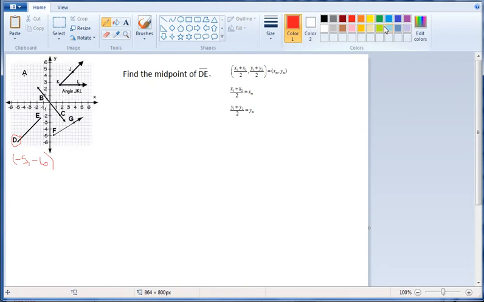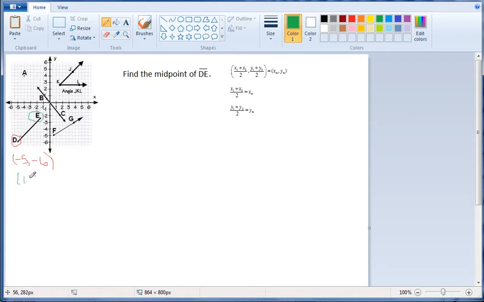Now I'm going to also find the coordinate for E, and I'm going to do that in green to make it a little easier to see. Once again, I'm going to start with my x. I'm going to go over to the x until I can see that it's dropped down, and it looks like it's at 1.5. So that's going to be a lot of fun to deal with decimals.